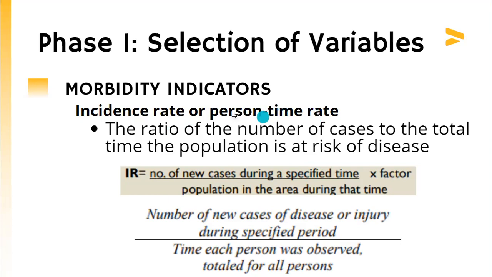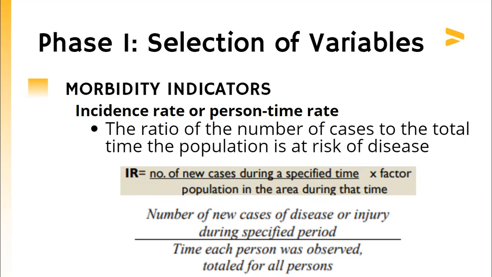Number of people who got the infection at that particular period of time. That's why it's also called person time rate. So the number of cases during a specified time divided by the total number of population in that particular area during that time.